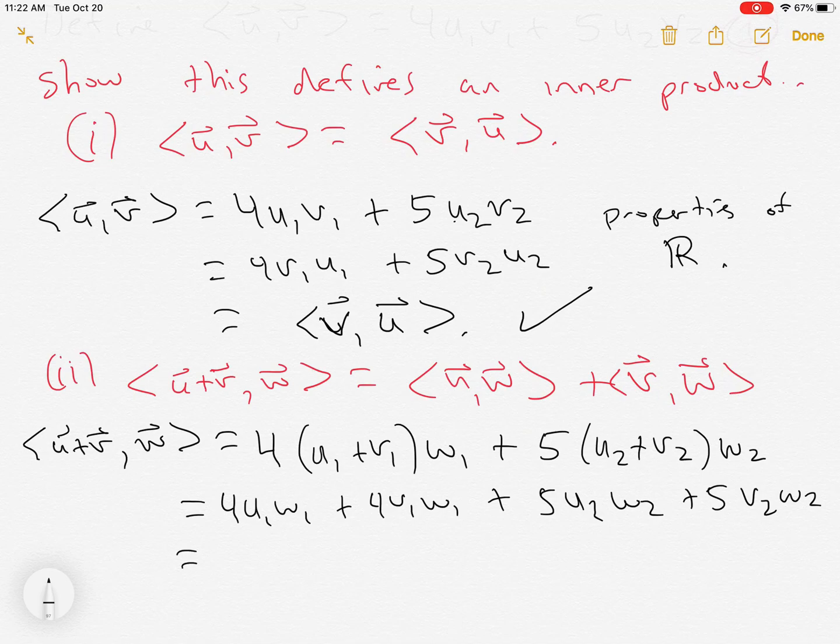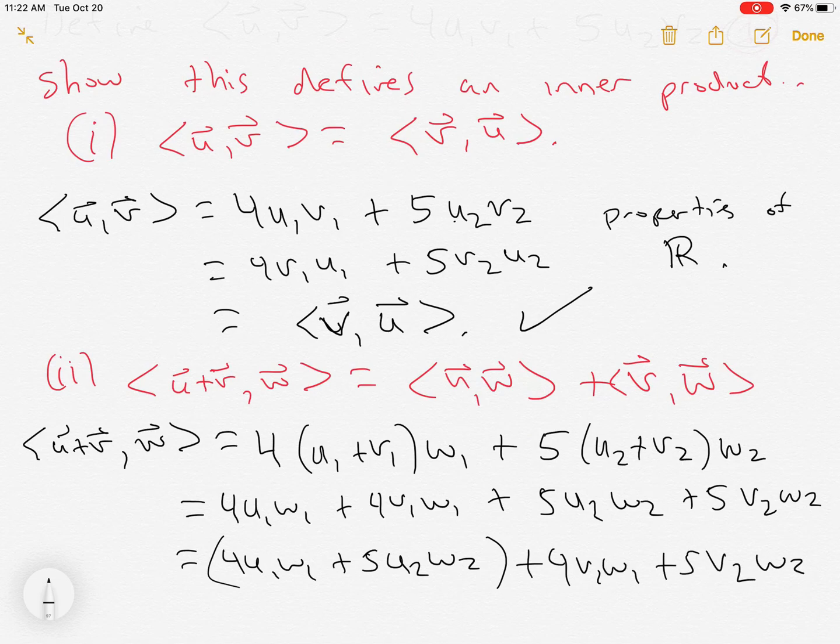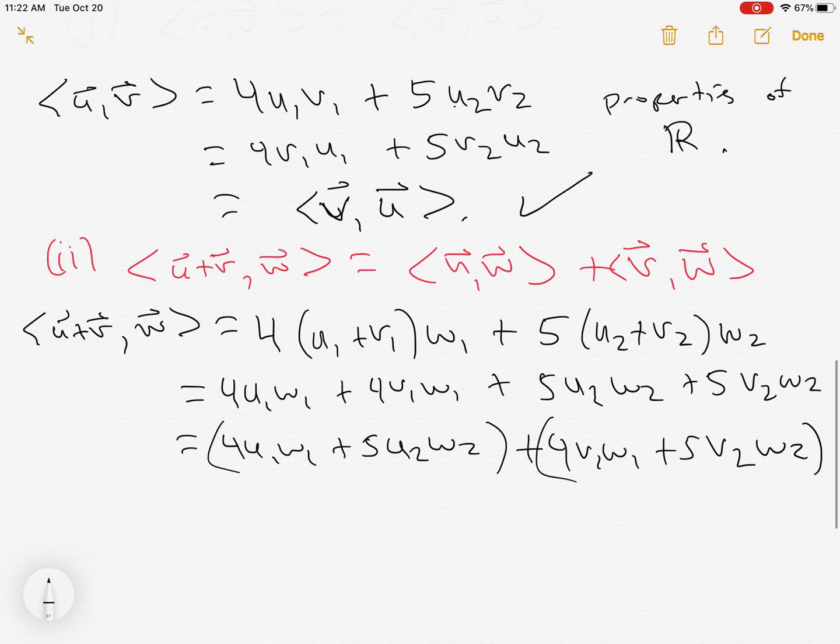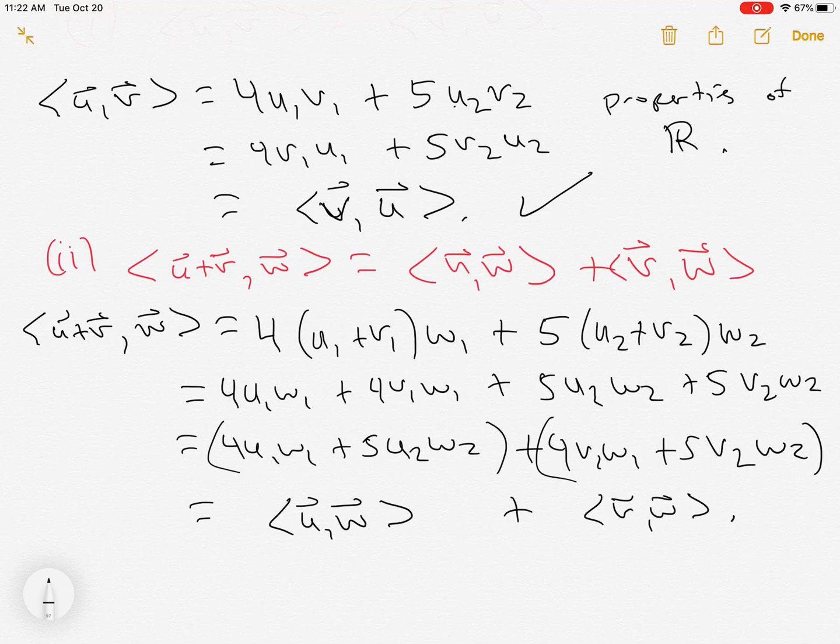Rearrange these: 4 u1 w1 plus 5 u2 w2, taking 1 and 3 here, plus 4 v1 w1 plus 5 v2 w2. Now, just so it's clear, this is the inner product of u and w, and this is the inner product of v and w. So that checks out. Check.